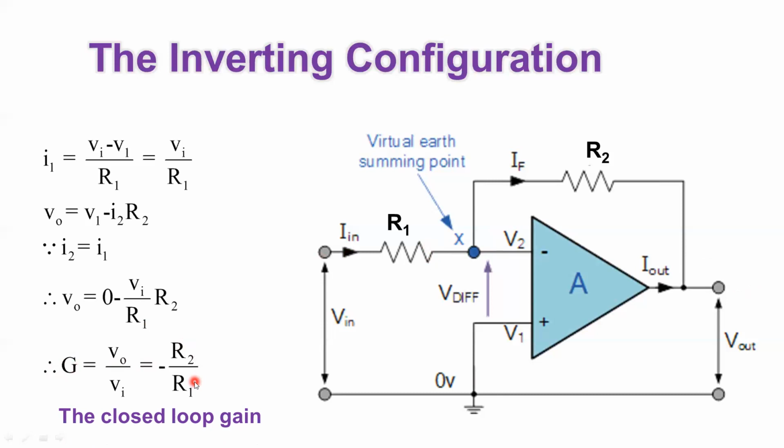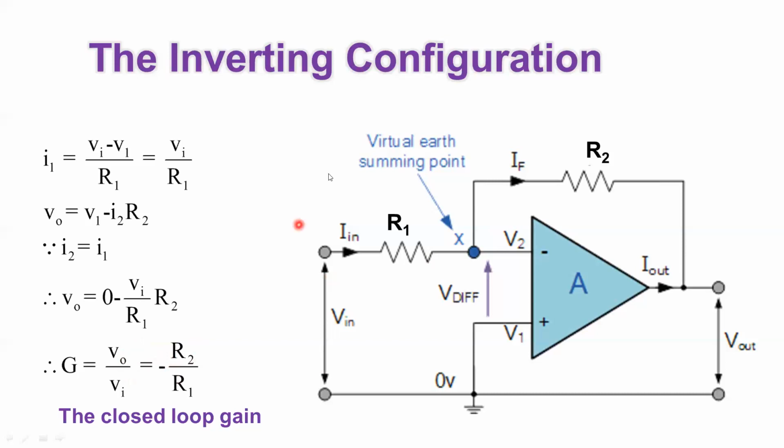Now, the final point here is this negative sign. Basically, this negative sign comes from the flow of the current, because we assume that the current is flowing in this direction. So it's 0 minus V out equals IF times R2. That means that the relation between the output and the input includes a negative sign, so V output equals minus the gain times V input.